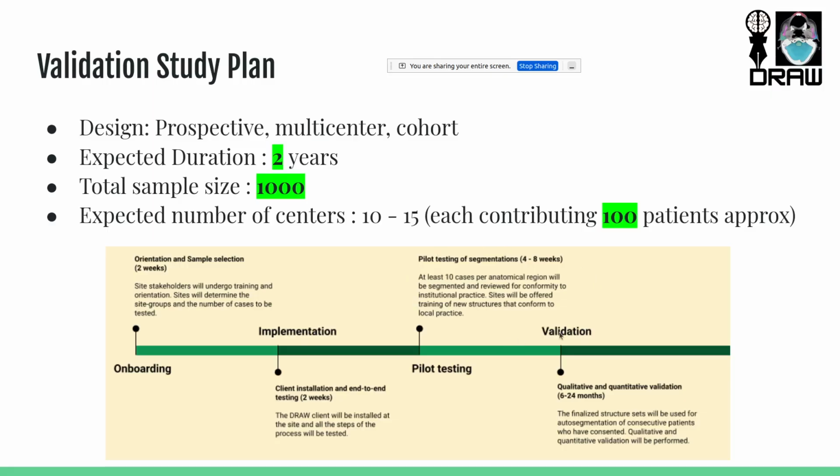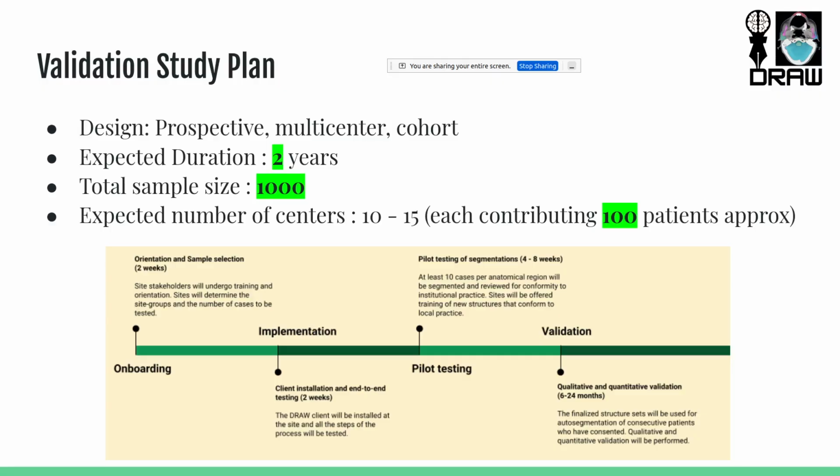Then we will have a pilot testing of segmentation phase, where we will do segmentation for maybe 10-15 cases for each anatomical region that you want. It is not necessary that every anatomical region has to participate. Based on the center preference, we can have 1 site, we can have 10 sites. It is perfectly flexible. Once these segments have been reviewed by the local PI and the local consultant, they will tell us whether they are happy or want to improve something.